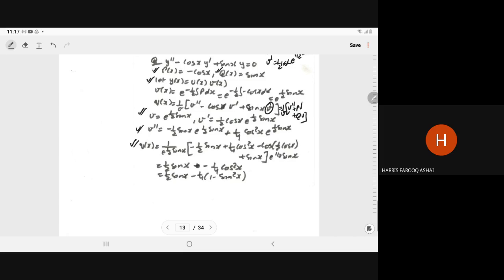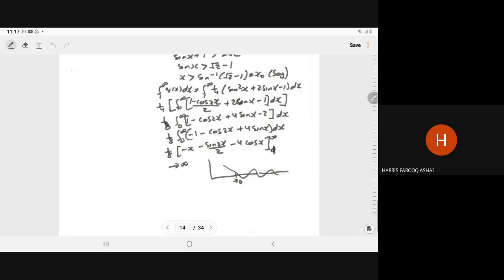So on putting the value of v double dash, then pv dash and q into v, here we have 1 by 2 sin x minus 1 by 4 into 1 minus sin square x.